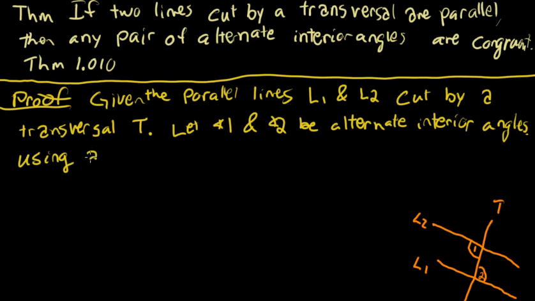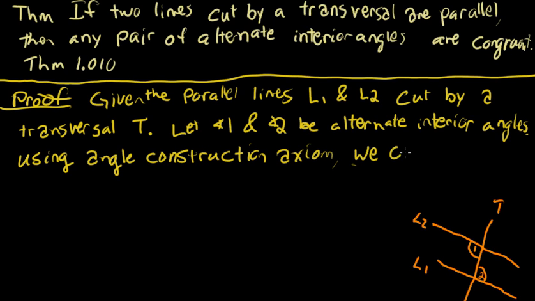We'll say using the angle construction axiom, we construct line L sub 3 through Q. I forgot to name that.